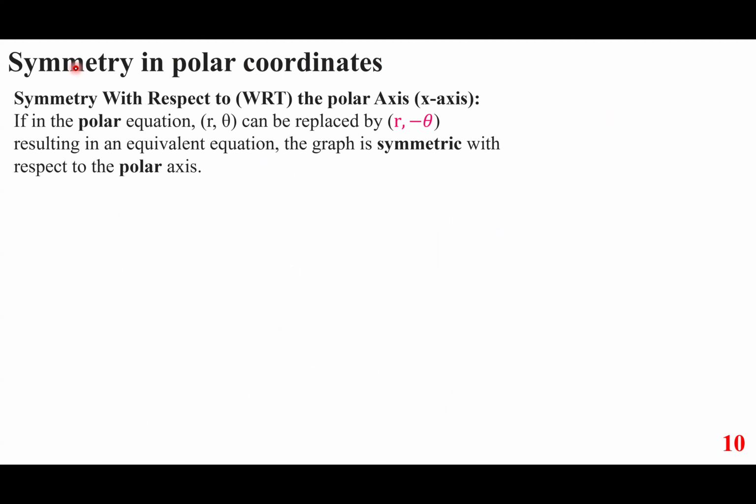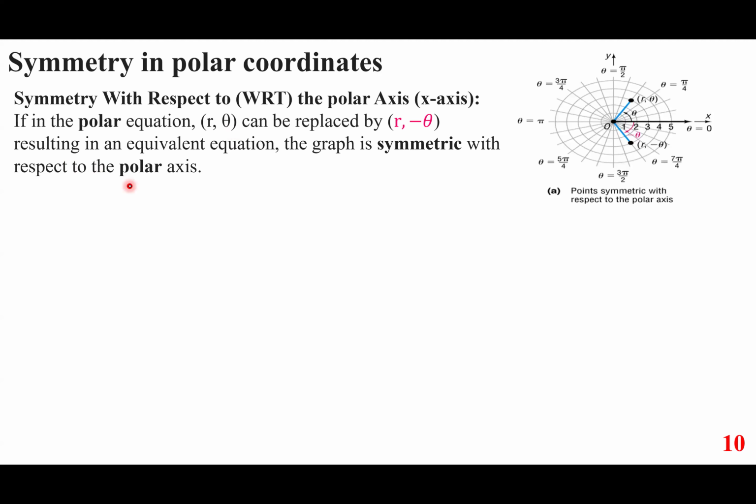Symmetry in polar coordinates. Symmetry with respect to (WRT) the polar axis or the x-axis. If in the polar equation r comma theta can be replaced by r comma negative theta, resulting in an equivalent equation, the graph is symmetric with respect to the polar axis.